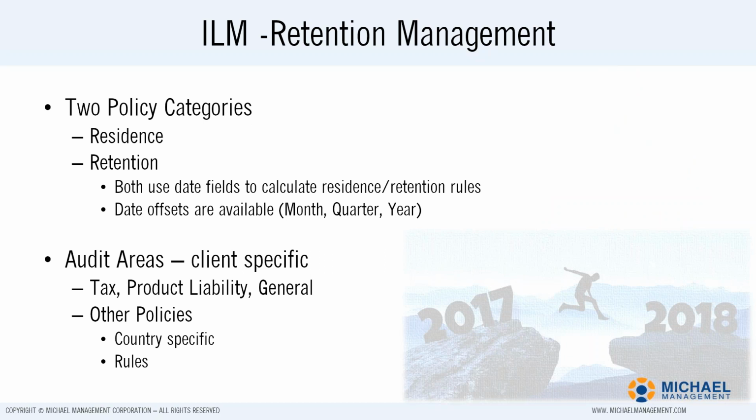Okay, there are two policy categories: the residence period and the retention period. And it's calculated dynamically, so you can select the date field that you want it to go by: creation date, change date, posting date. You can set your retention rules on a date field within a table associated with the archive object. And you can actually create offsets.